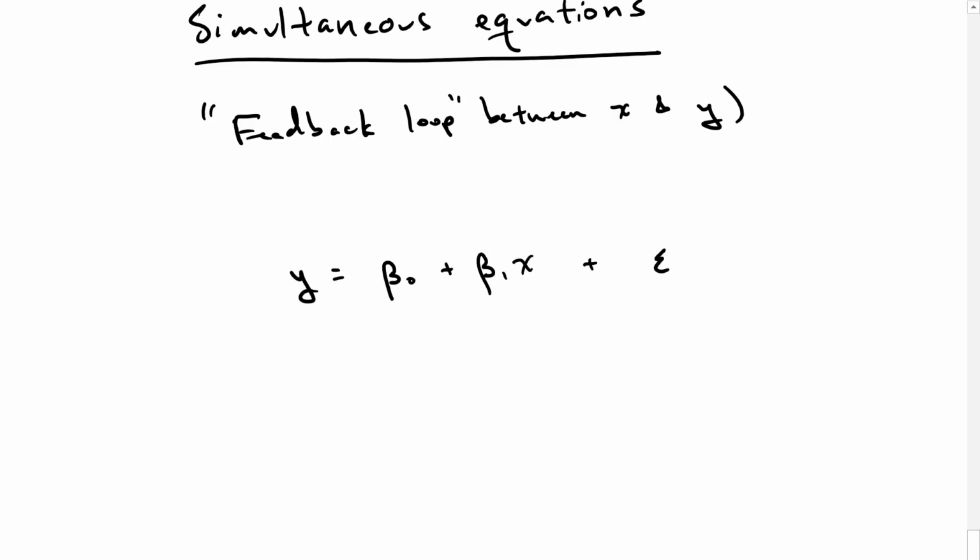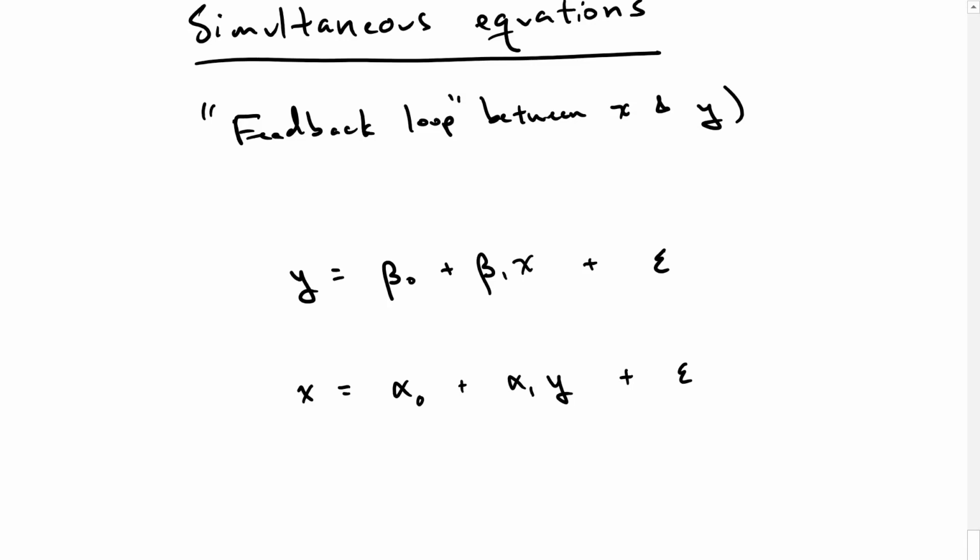Okay, so that could be fine and true, but let's suppose we also have x is some function. Instead of beta, I'm going to use alpha as different parameters because it's a different relationship. So x is a function of y plus epsilon. This is a common thing between supply and demand.